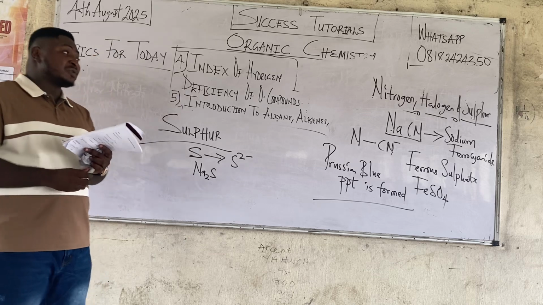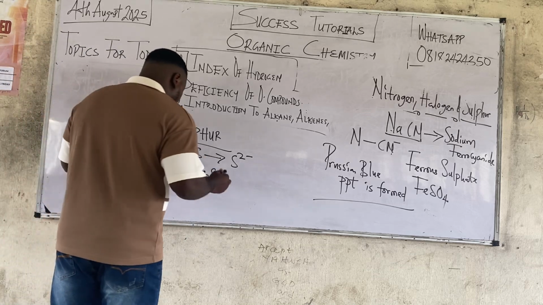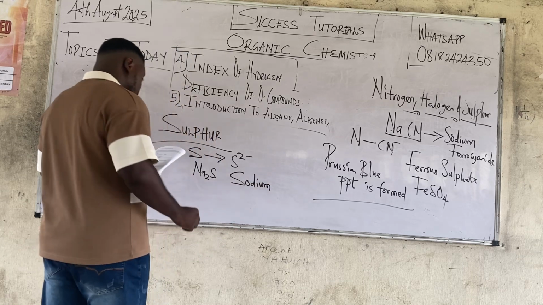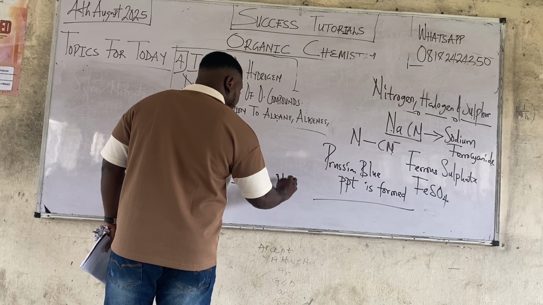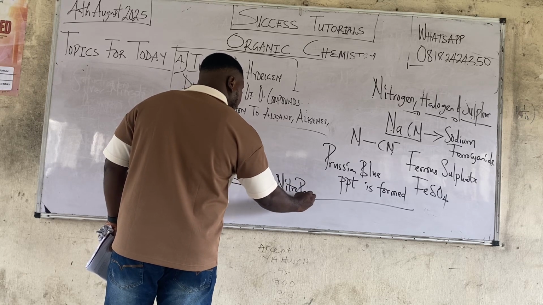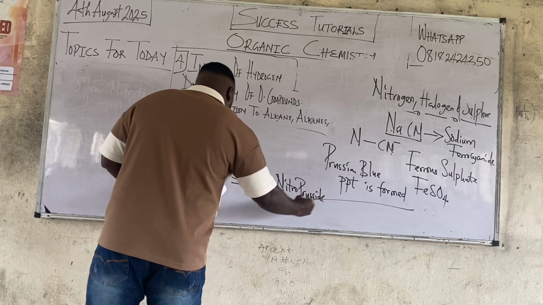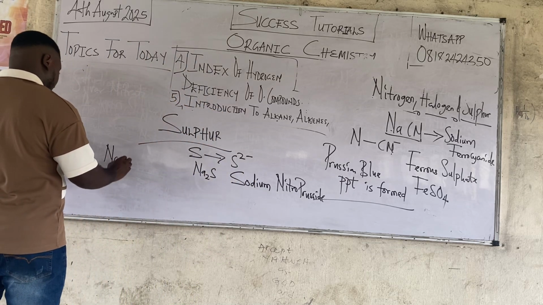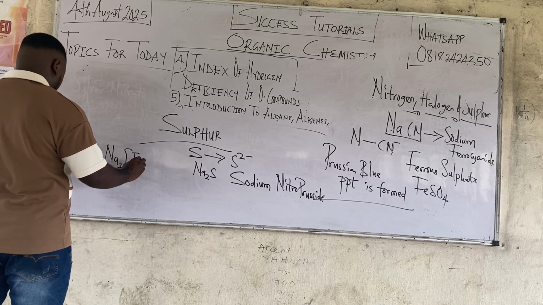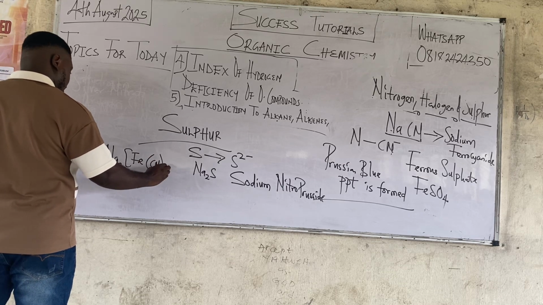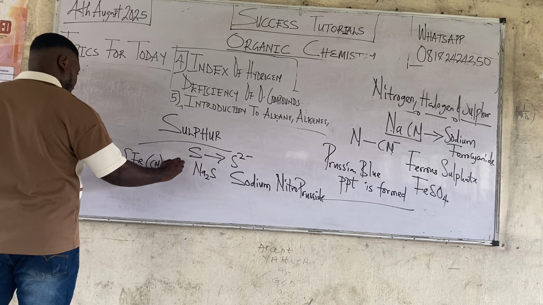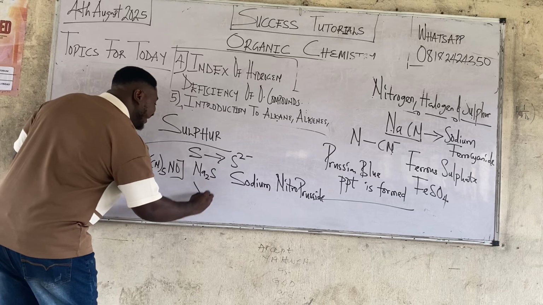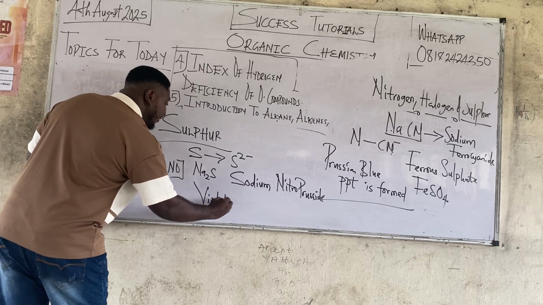Class, to confirm the presence of sulfur, we introduce what we call sodium nitroprusside. Sodium nitroprusside is introduced to the sodium sulfide, which then gives off a violet coloration, confirming the presence of sulfur.